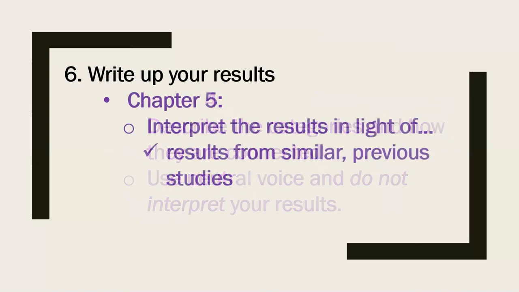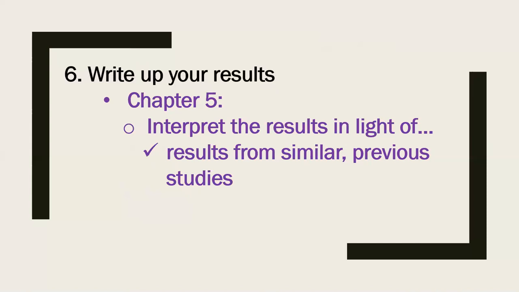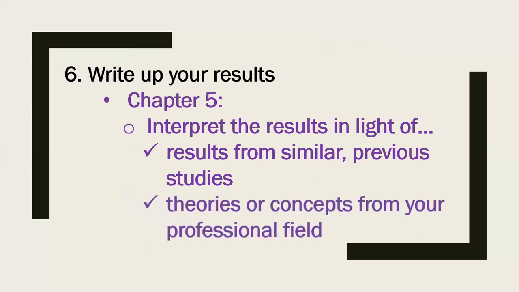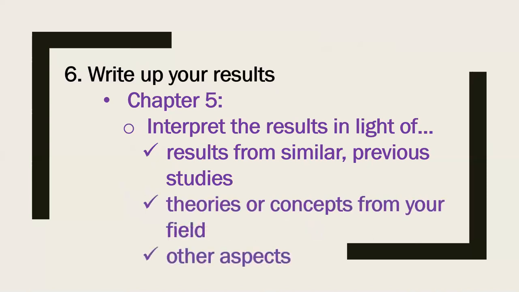But in chapter 5, write out your interpretations and discuss your results. Interpret those results in the light of results from similar or previous studies, in light of theories or concepts from your field of expertise, or in light of other relevant aspects.